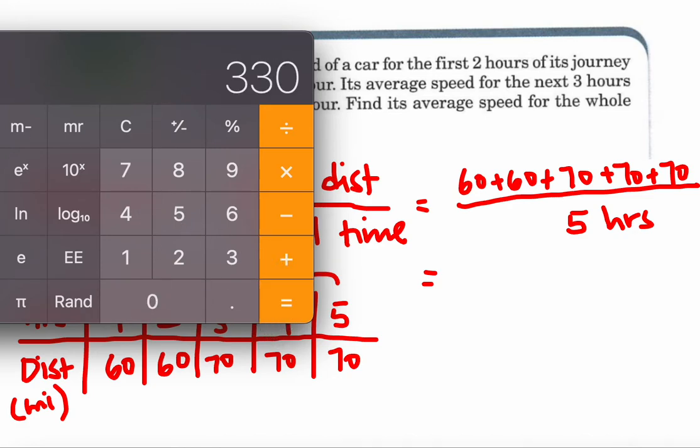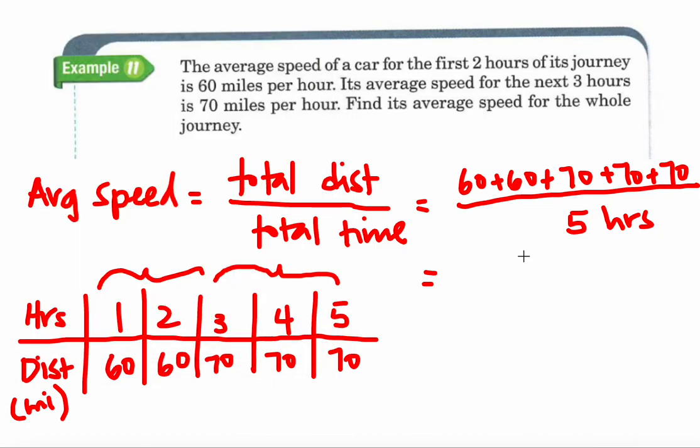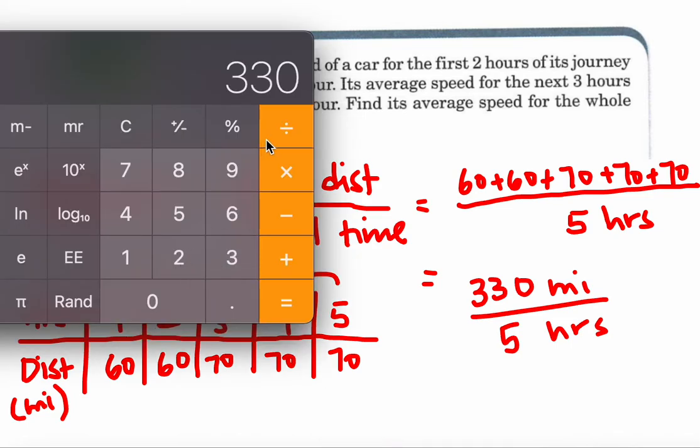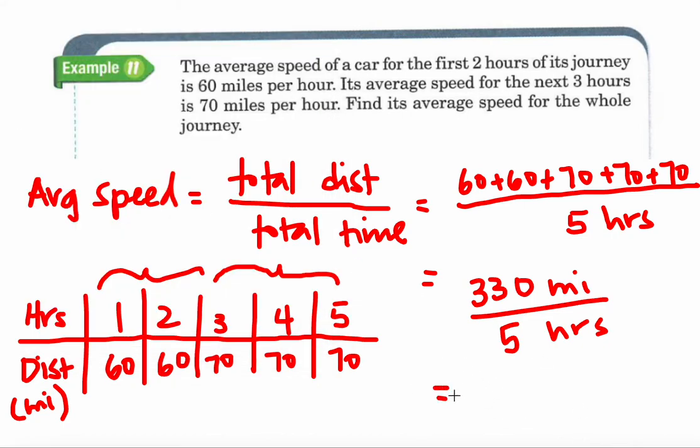So in total, 330 miles per 5 hours. That means I have to divide. So 330 divided by 5 is 66. So the average speed was 66 miles per hour.